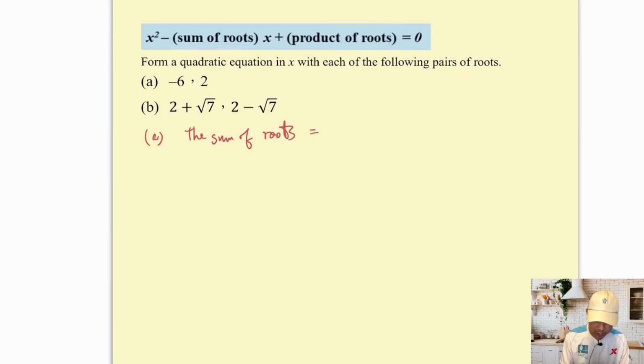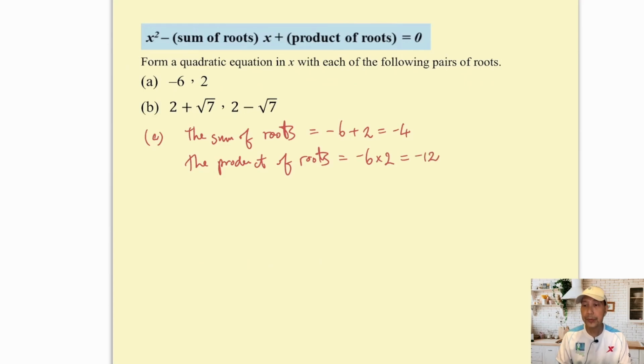The sum of roots should be -6 plus 2 is -4, and then the product of roots is -6 times 2 is -12. Okay, so we have the sum of roots and product of roots, so we can plug into the formula.